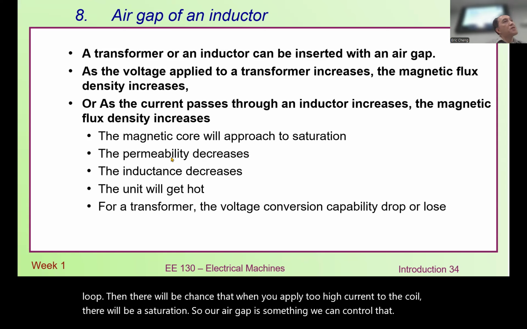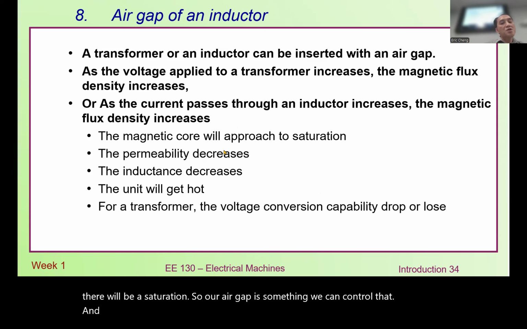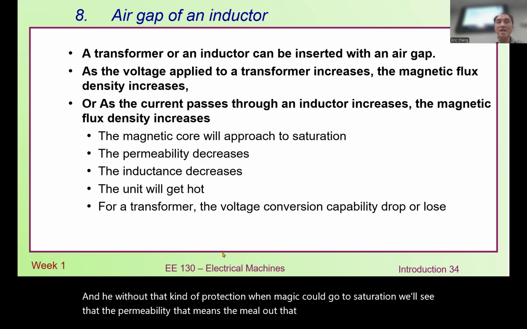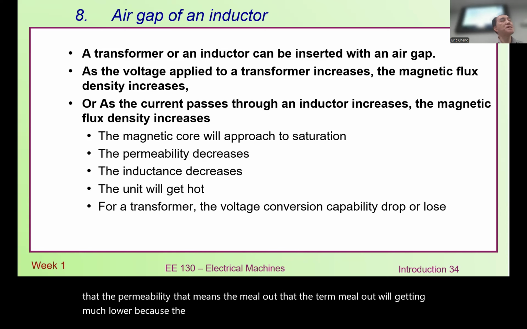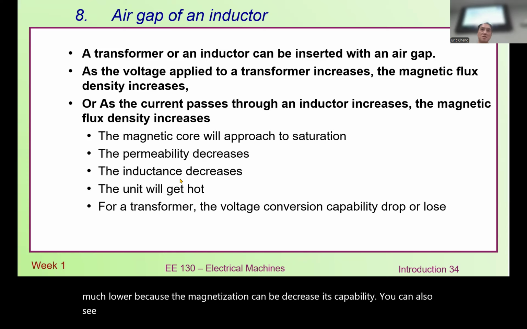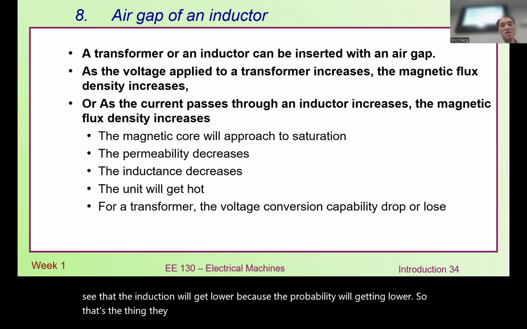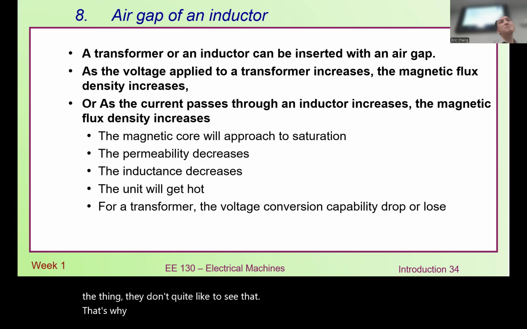Without that kind of protection, when the magnetic core goes into saturation, the permeability, the term mu-R, gets much lower because the magnetization capability decreases. The inductance will also get lower because the permeability gets lower. That's something we don't like to see, so that's why we usually use an air gap to eliminate that issue.